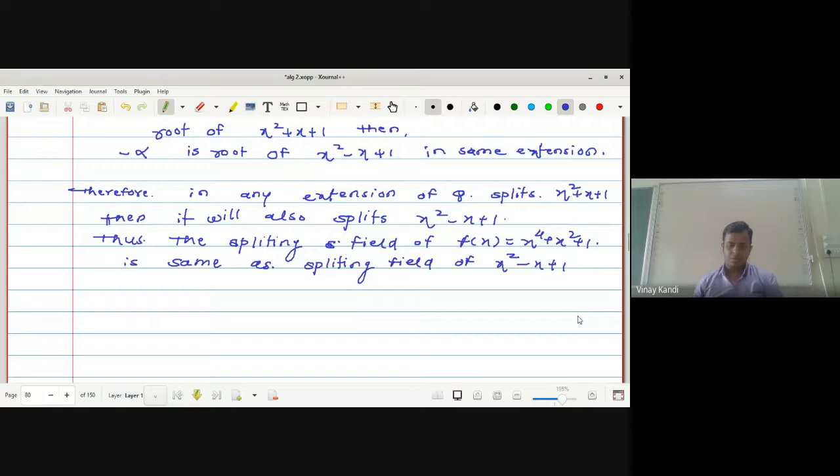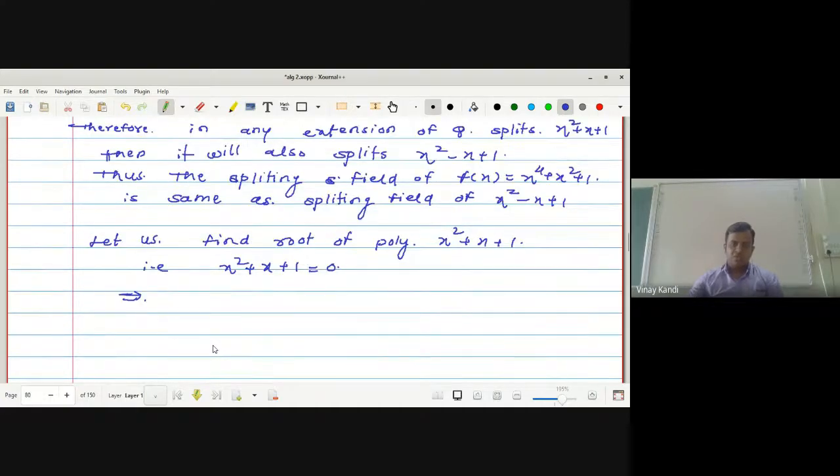Now let us find the roots of the polynomial x^2 + x + 1. Assume this polynomial is equal to 0. x^2 + x + 1 = 0. This implies the roots, by using the formula (-b ± √(b^2 - 4ac))/2a, are x = (-1 ± √3 i)/2.